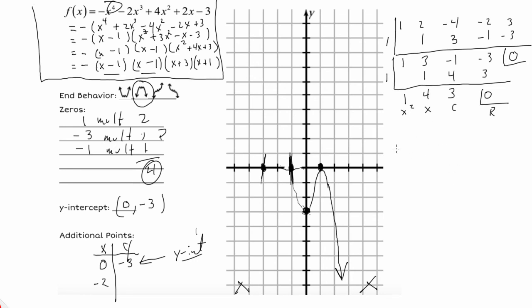All right, so now we're going into negative 1, negative 2, 4, 2, and negative 3. All right, that seems good, and we're going to go into that with a negative 2. All right, drop down, multiply, add, multiply, add, multiply, add, multiply, add.